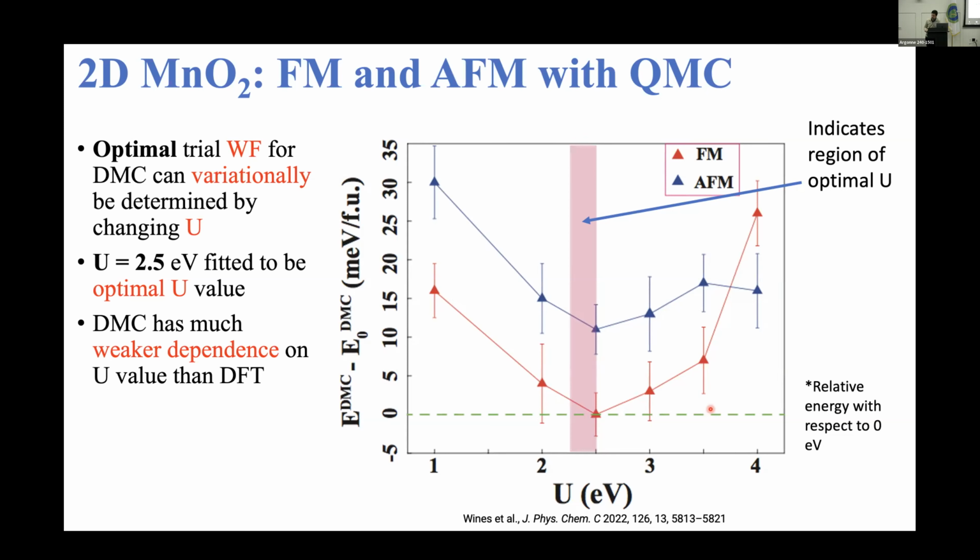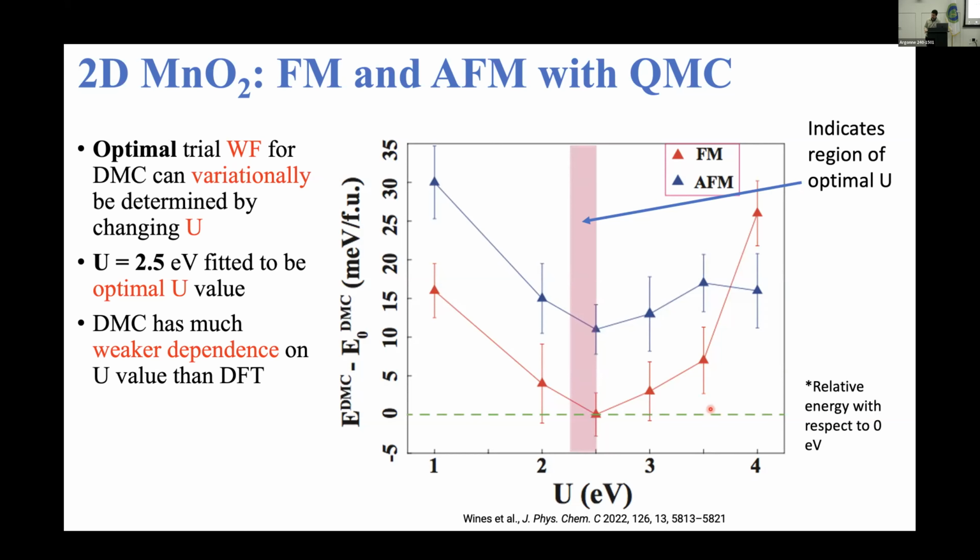Yeah, I think you have to be careful with this too, where you can be anything pretty much. And if it gives you the correct answer, it might not necessarily be for the correct reason. For these materials and this set of elements, this is a typical value of U. As you can see, the energy is not changing that much with regards to the DMC energy with changing the nodal surface.